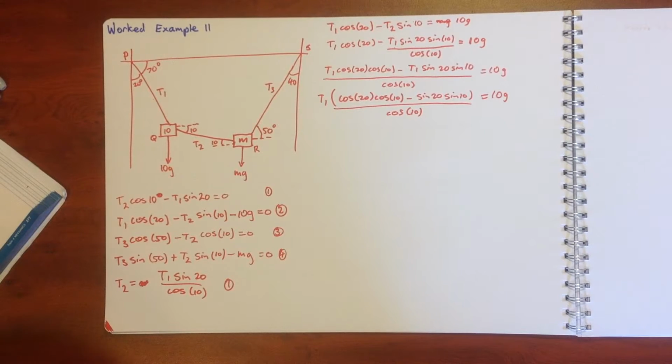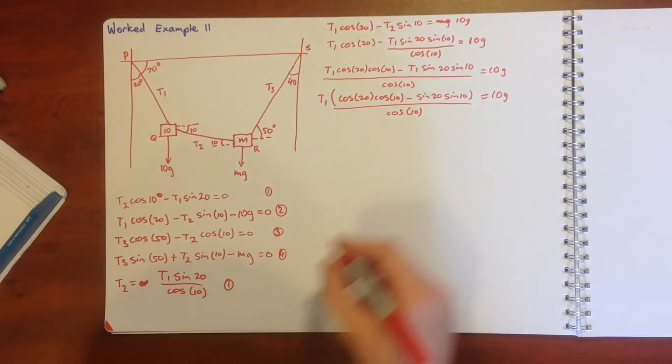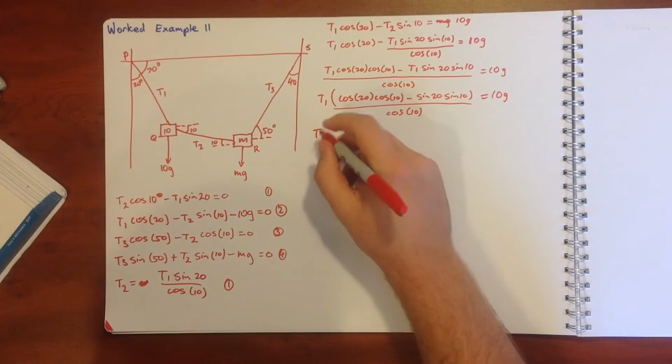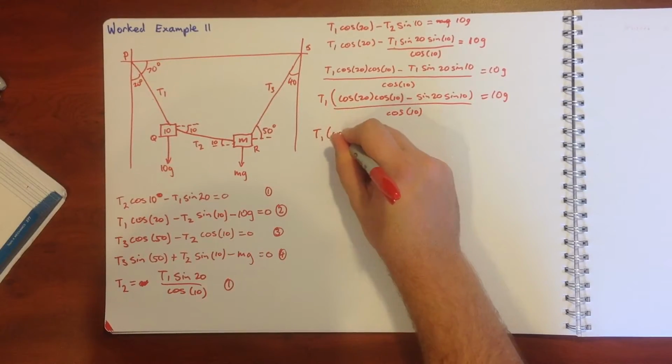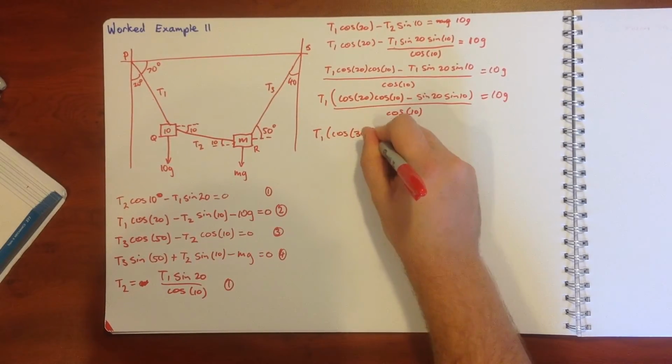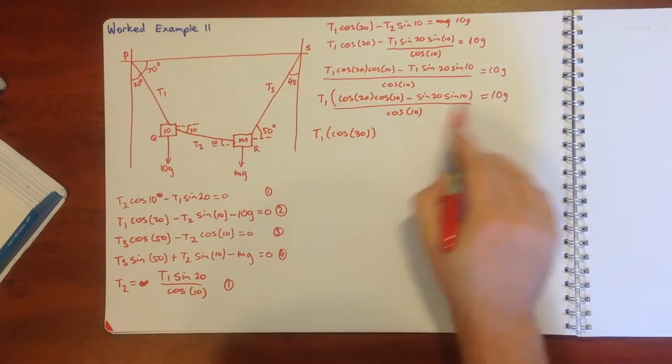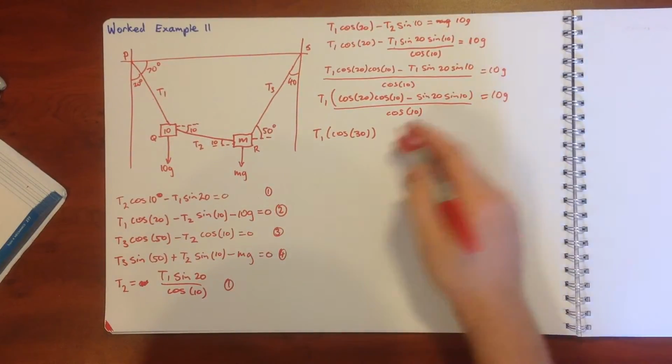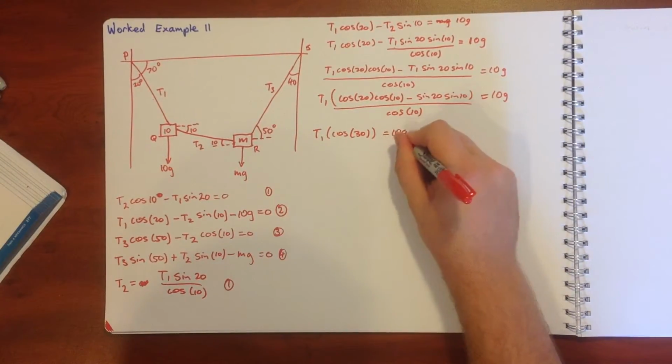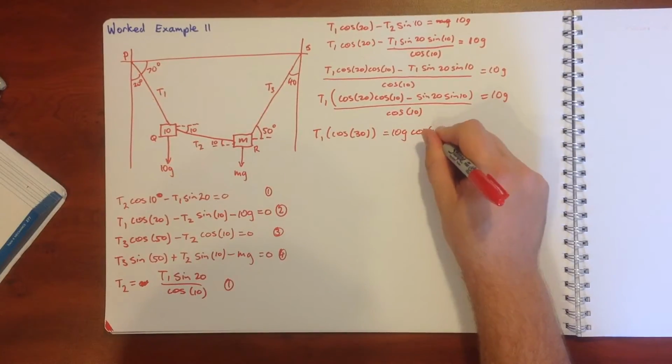So when we do that, what we can do is use our compound angle formula. That means all of this is going to give us T1 cos of 30. We can times across our cos of 10 to give us 10g cos of 10.